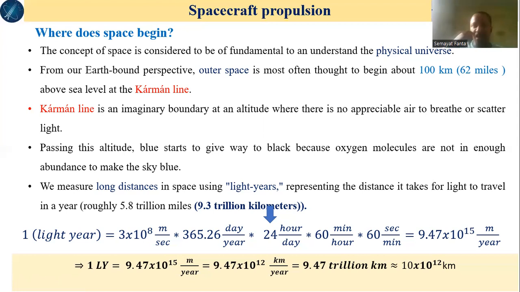By the way, at what altitude do aircraft fly? Can any one of you tell me? Commercial aircraft fly at an altitude of 30,000 feet or 36,000 feet most of the time.